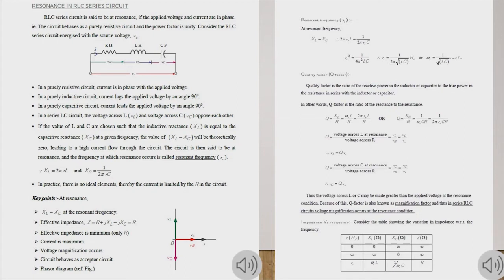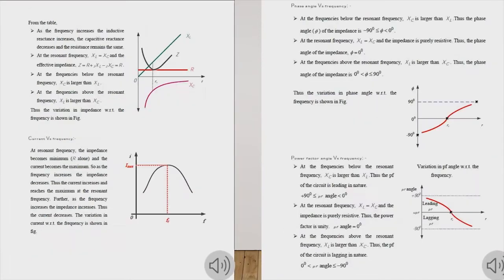Impedance versus frequency. Consider the table showing the variation of impedance with respect to the frequency. The table is given here. From the table, as the frequency increases, the inductive reactance increases, the capacitive reactance decreases, and the resistance remains the same.